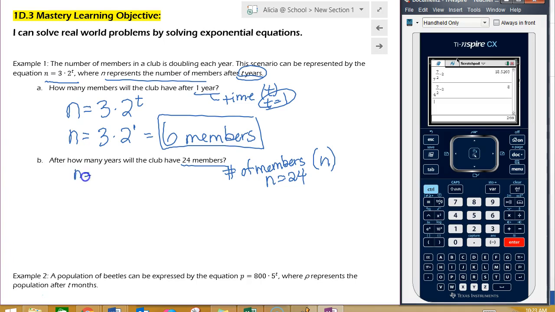So n equals 3 times 2^t, I'm going to substitute in 24 for n, and I need to solve for t. It's an exponent, so I have to isolate it, and I am multiplying by 3. So the opposite would be to divide by 3 on both sides.